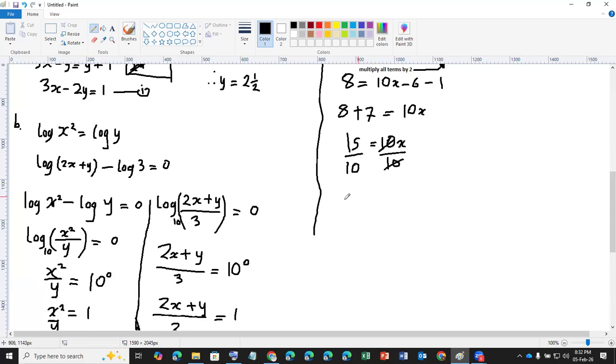You count one place to the left, and that's going to be 1.5 equals x. If there were options and you didn't see 1.5, then you would definitely see one and a half, right? Yes, sir.